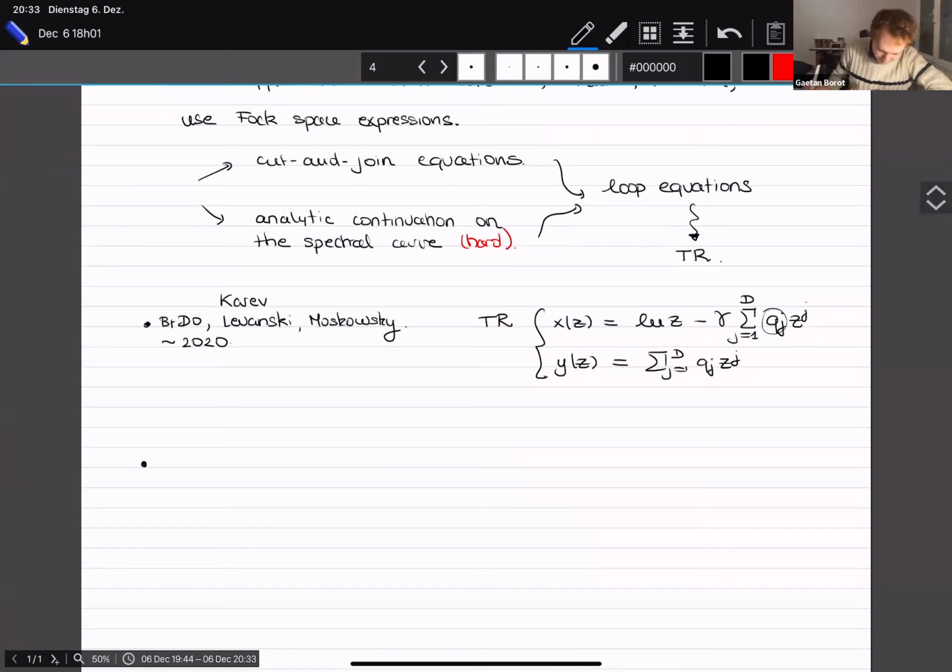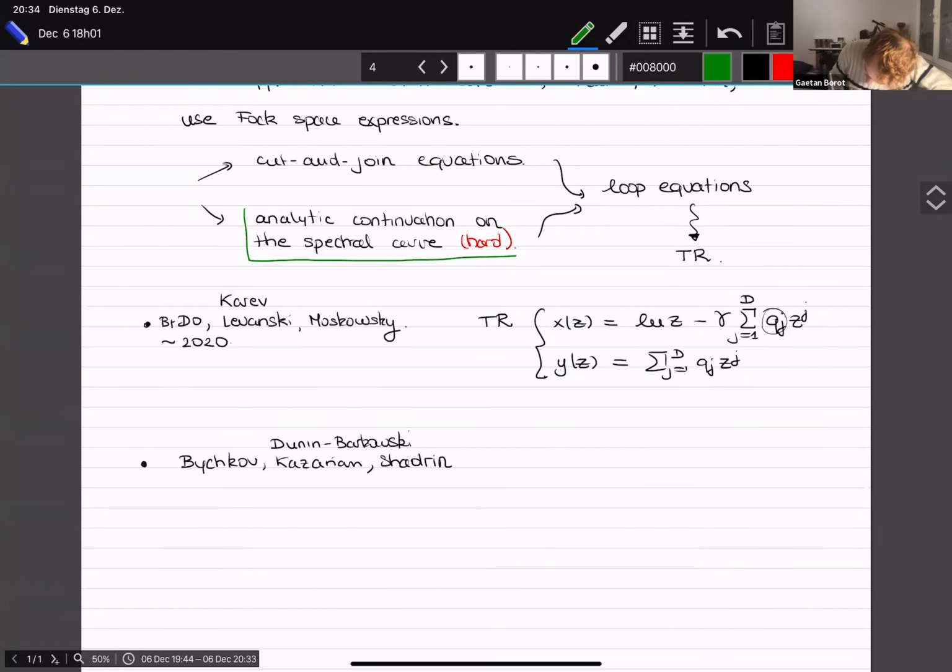And shortly after, in fact, Bychkov, Kazarian, Dunin-Barkowski, and Shadrin managed to completely systematize that analysis. So they made it systematic, by using operator manipulation in the Fock space.